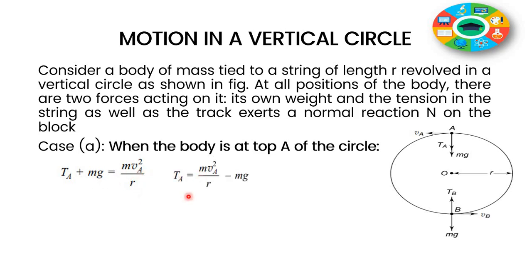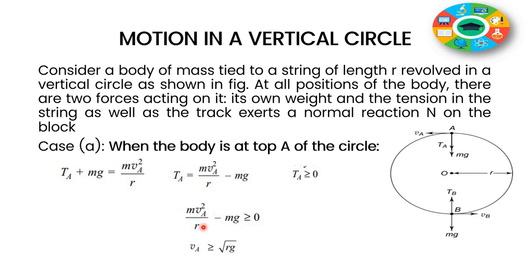Now by using this equation, TA is equal to mv square by r minus mg. At normal conditions, the tension at any place in the wire is always greater than or equal to 0. So TA is greater than or equal to 0. Then we substitute here, the equation becomes mv square by r minus mg greater than or equal to 0.